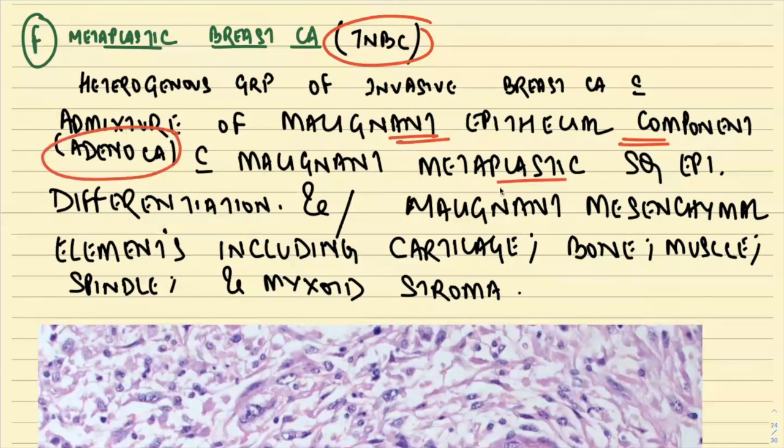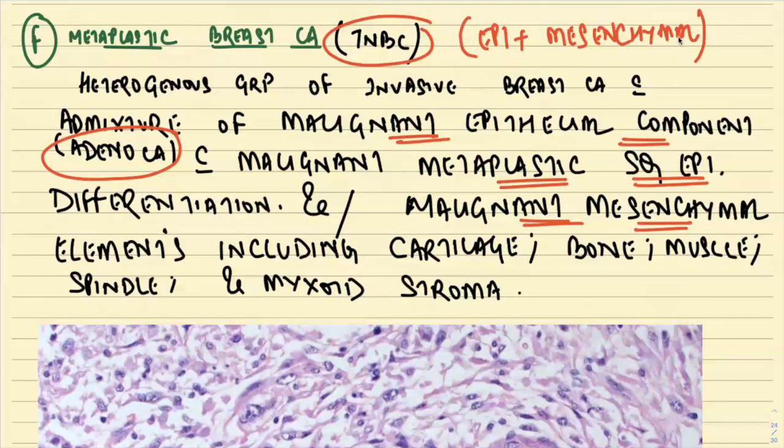Along with that, they have metaplastic abnormal malignant squamous epithelium differentiation. Along with that, some malignant mesenchymal elements like cartilage, bone, spindle cell, myxoid stroma will be present. So it is a mix of both epithelial plus mesenchymal components in metaplastic breast carcinoma.